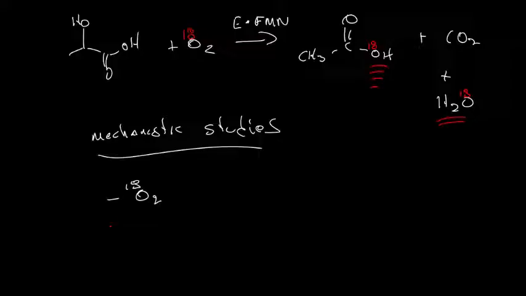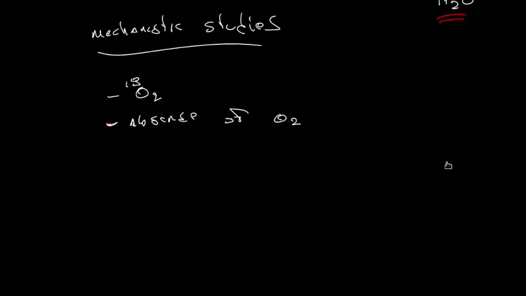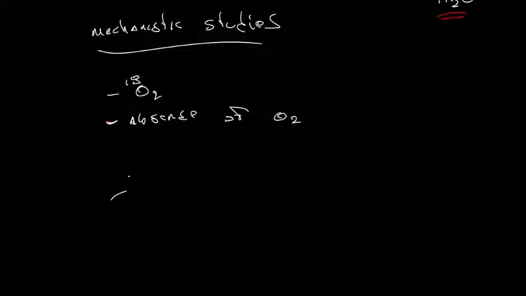In the absence of oxygen, they ran the same reaction. This time they had no oxygen in it, and they saw this happen. So there's our lactate. Start off with FMN.